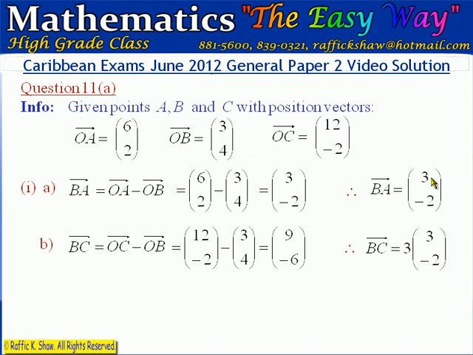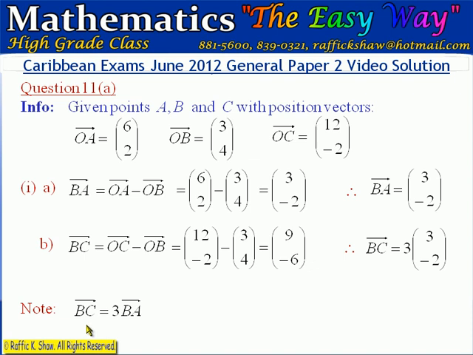And since BA is (3, -2), we see that the vector BC is actually 3 times the vector BA. This means that vector BC is parallel to vector BA. Once one vector is a multiple of the next, it means that the two vectors are parallel.